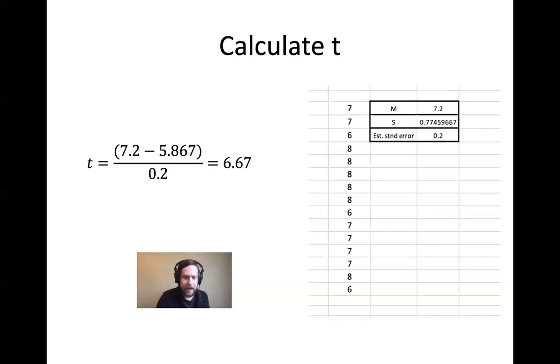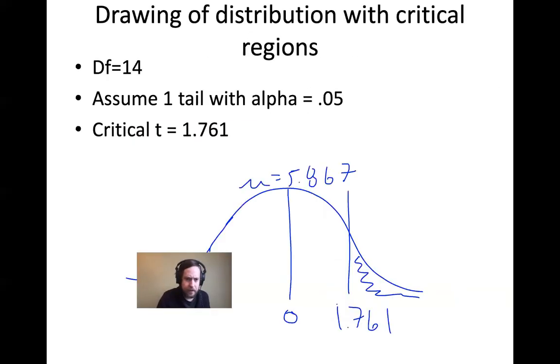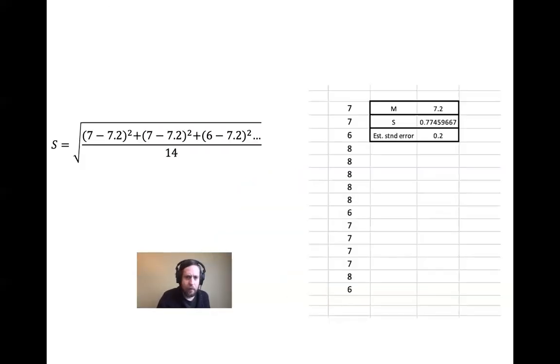So I want to show you that. I've showed you how to calculate sample standard deviation right here. S equals 7 minus 7.2 squared. The way I got that is you take this first score right here, 7, minus the sample mean, 7.2, and then you square that, and then you write that number down.